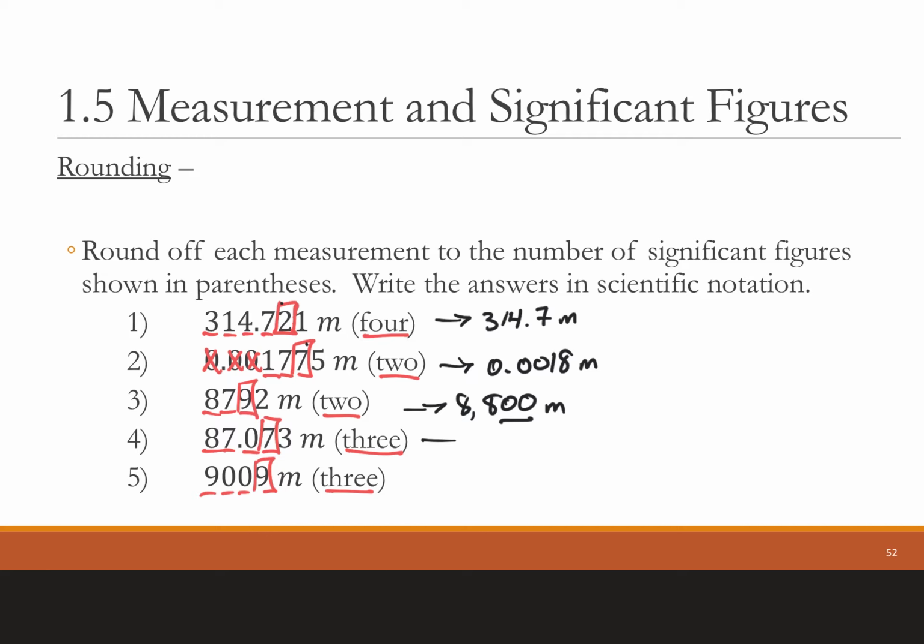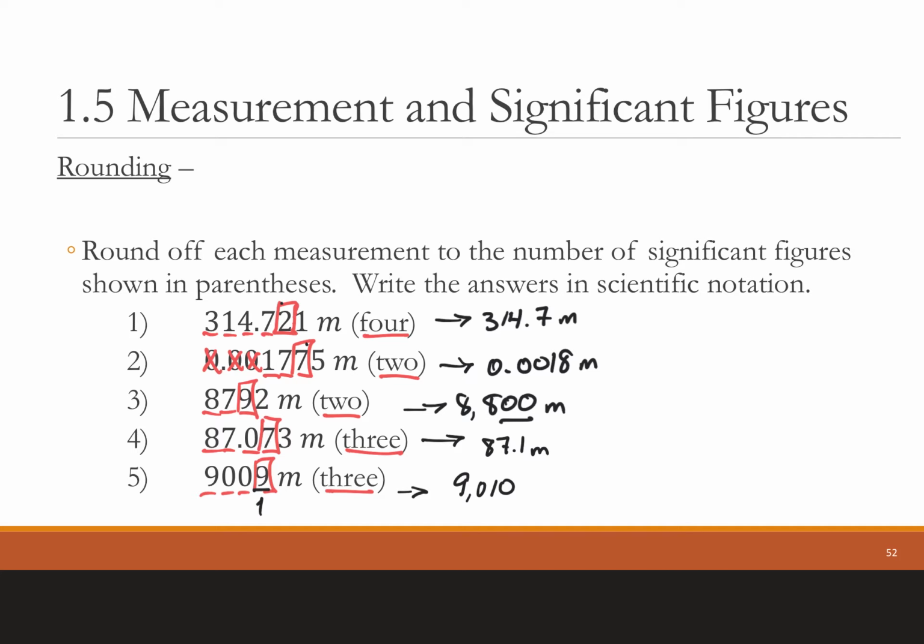87.073 meters has the 7 boxed in, so that's going to cause this to round up. You get 87.100 meters. Again, those two zeros are in the decimal places, so you don't include them. It's 87.1. And then finally, this 9 boxed in is going to cause that to round up to 9,010.